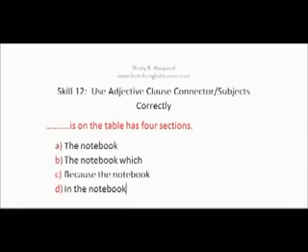Well, that's fantastic. So we've got is on the table, has 4 sections, and we've got A, B, C, and D. Number A, the notebook, B, the notebook which, and C, because the notebook, and D, in the notebook.